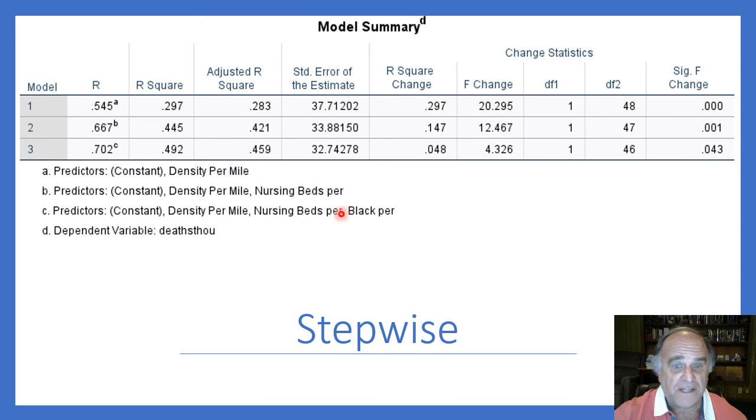So again, it suggests that all three of these variables are important in predicting deaths from COVID. Now again, we don't want to overinterpret this because it's at the state level. I find this interesting, but it's easy to overinterpret it. You probably have to be careful about the interpretations you're making because we're looking at state level data.